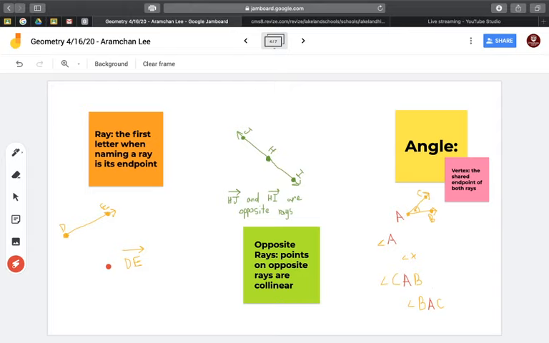It cannot be written as ray ED. This is because the starting letter when writing a ray should be the endpoint, which is D. So this is incorrect.